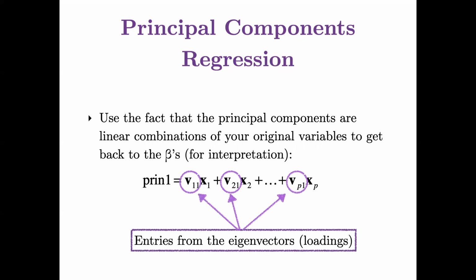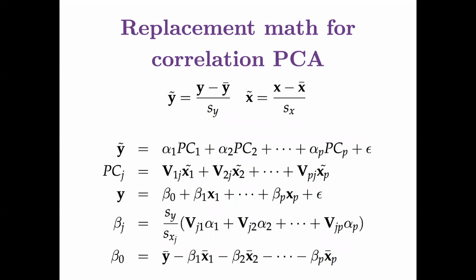So the next slide is going to show you that replacement math for correlation PCA. Here, keeping in mind that I have to standardize my target variable because in the background, this didn't have to be done by me, but it will be to rewrite it. In the background, all of my data was standardized.